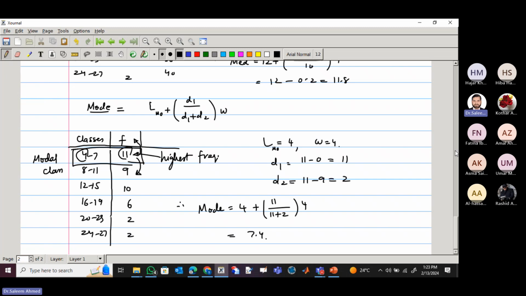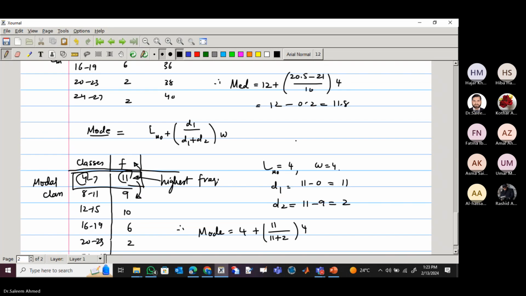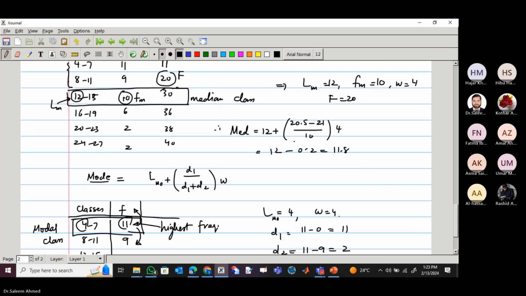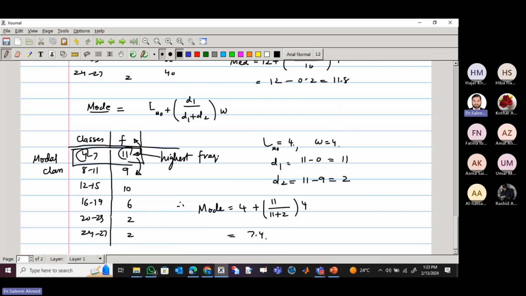So now if you look at the mean, median, and mode, they are also telling me that there is a tail on the right. Remember, the mean goes towards the tail, then we have the median here, and then we have the mode. The mode is on the left at 7 point something, the median is at 11, and then this is 12.